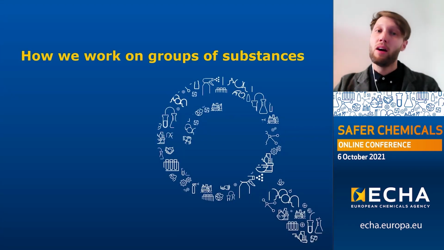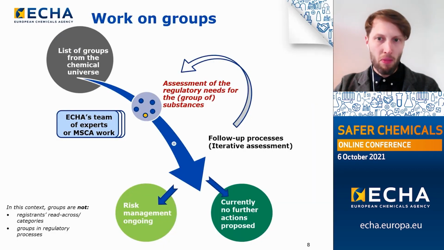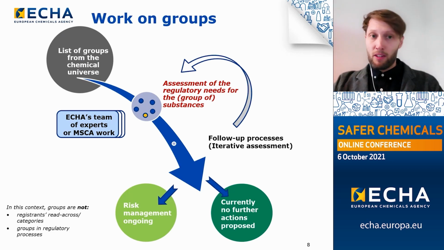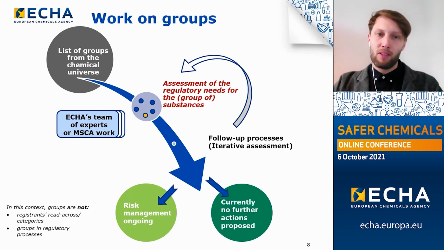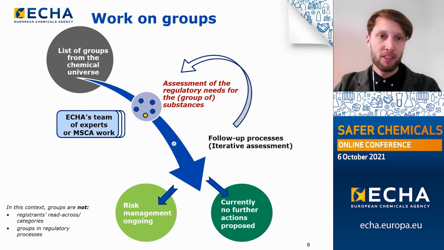Now, how do we in ECHA work on groups of substances? Starting from the list of groups from the chemical universe, so all the substances that have been registered under REACH. We look at structural similarity.